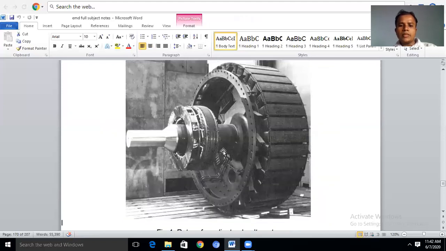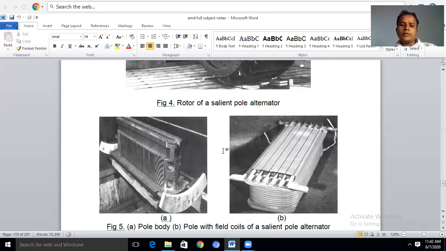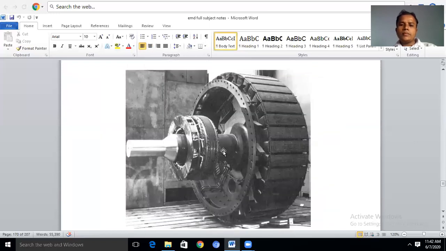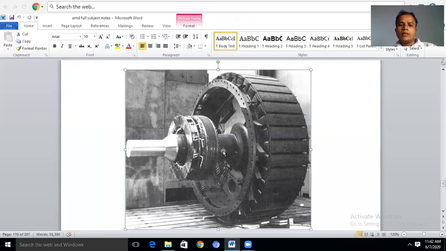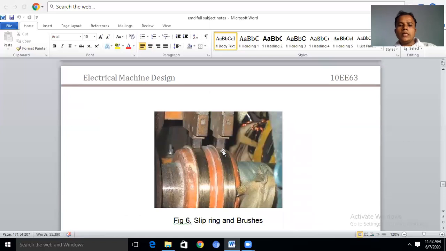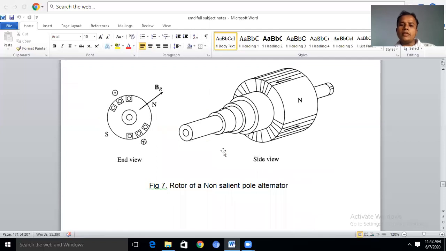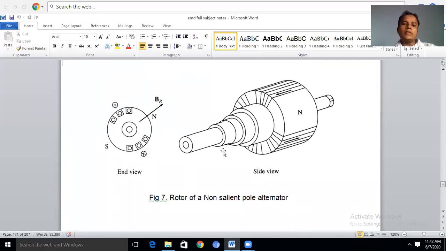This is a rotor of a salient pole machine. The diameter is large. And this is a rotor of a non-salient pole alternator. The length is long. Here, this is the length.